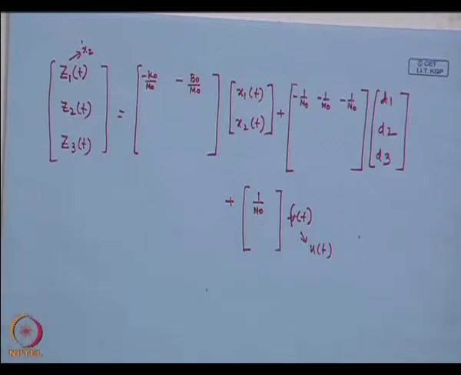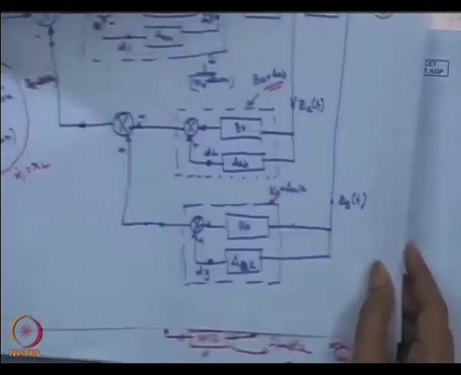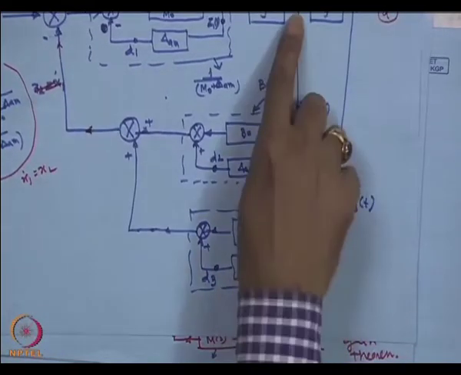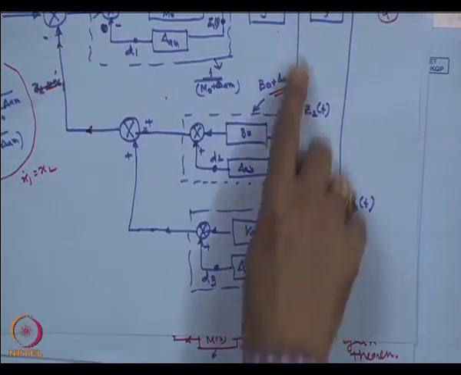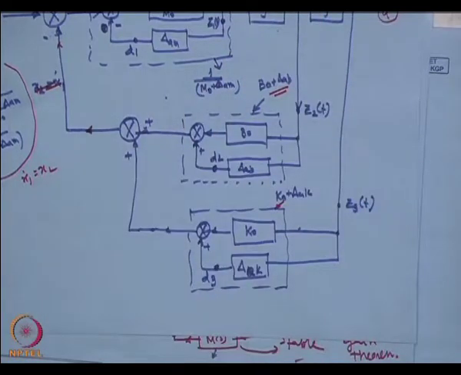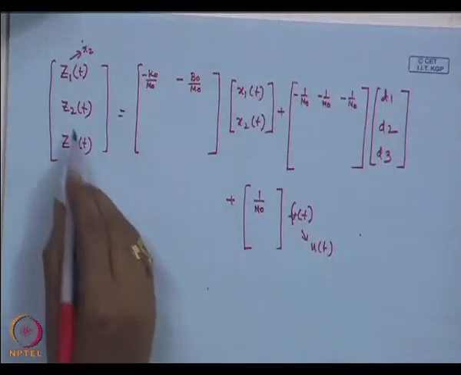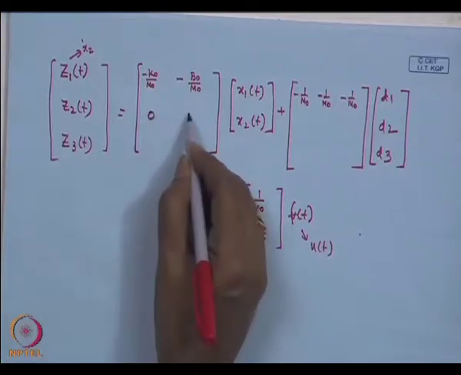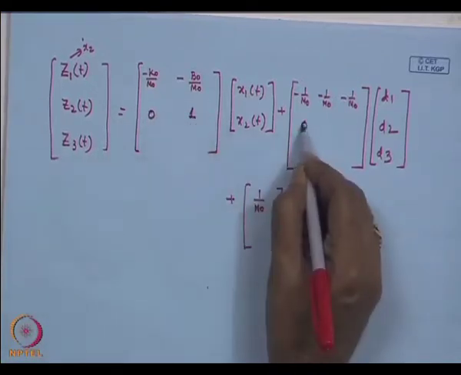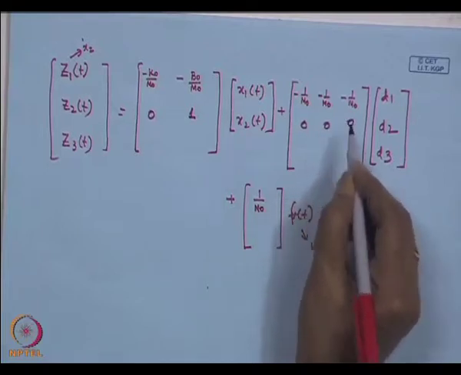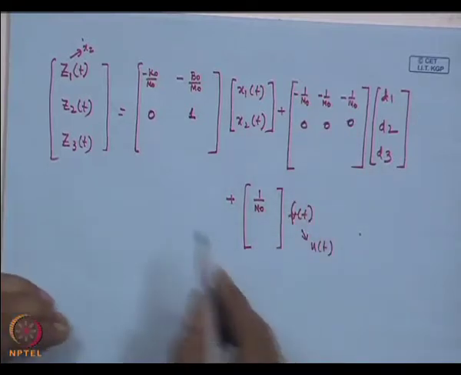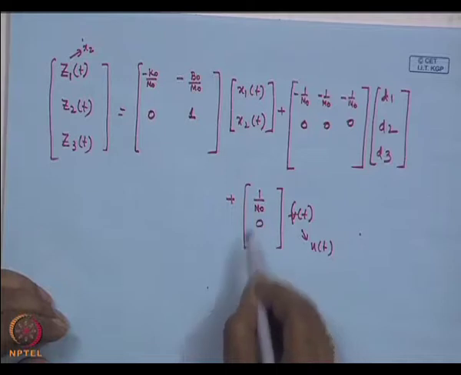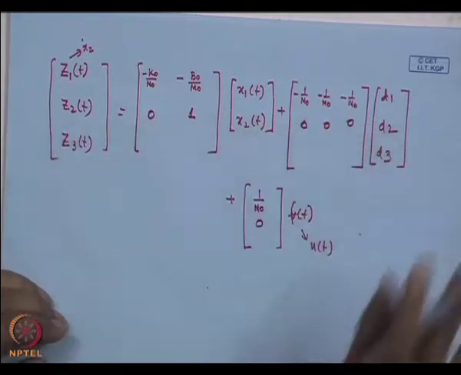What is Z 2? See this expression, Z 2 is nothing but x 2. So, what will we write? Z 2 is nothing but x 2, so you will write simply 0, 1, the other things are 0, 0, 0, agree, and this is 0. So, this is our Z 2.